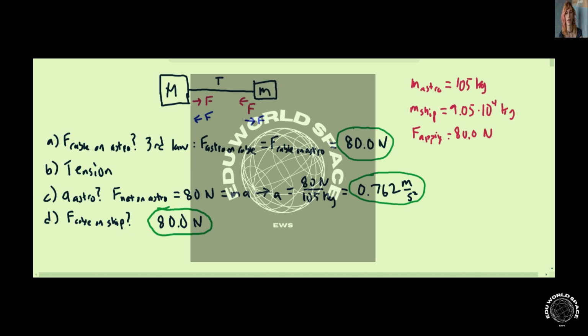And part E asks us what is the acceleration of our ship. And so again, the net force on our ship is 80 newtons. So that's going to be equal to the mass of the ship times its acceleration.